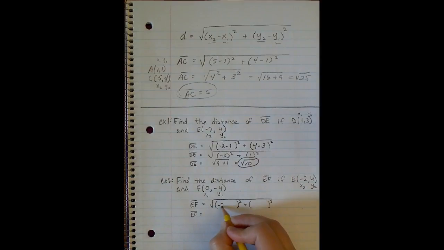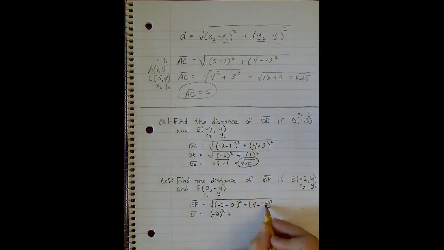-2 minus 0. y2 is 4 minus -4. Again, -2, well, minus 0 is just going to be -2. 4 minus -4, minus a negative, that's really a plus.